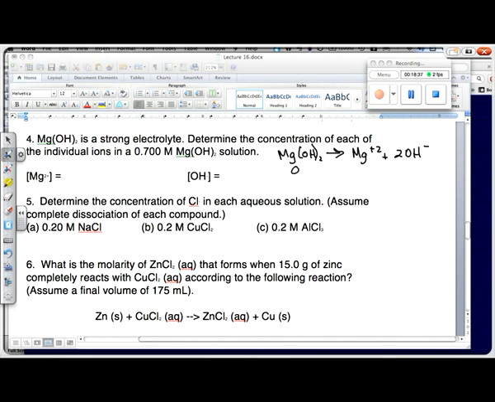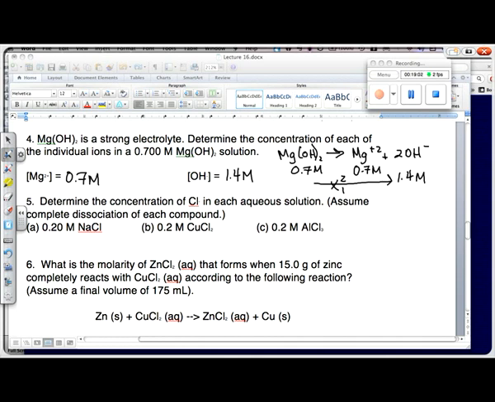So if this is 0.7 molar, then magnesium is 0.7, and hydroxide is twice that. It's like I'm going times 2 over 1, so this would be 1.4 molar. This is 0.7, and this is 1.4.